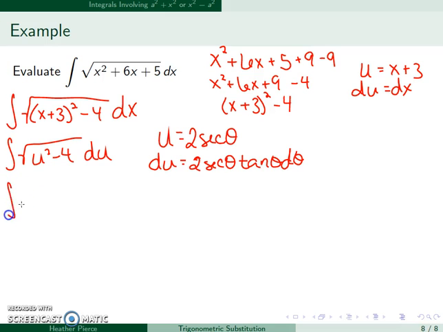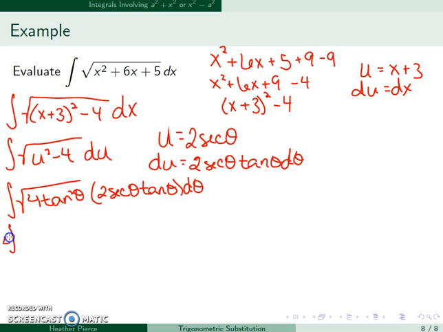So now I have the integral of, my identities tell me when I stick in u equal to a secant theta, I get a squared tangent squared. So this is 4 tangent squared theta times du, which is 2 secant theta tangent theta d theta.